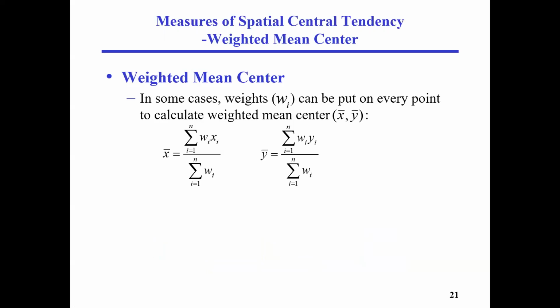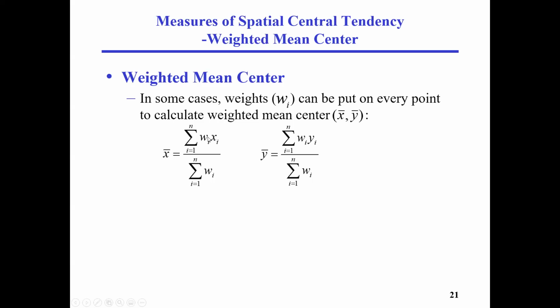And the weighted mean center is something based on mean center. You simply add some weights into the calculation. In some cases, weights can be put on every point to calculate weighted mean center. So you can say X bar, Y bar, they are still the same purposes, but for X bar, each term is not only Xi.